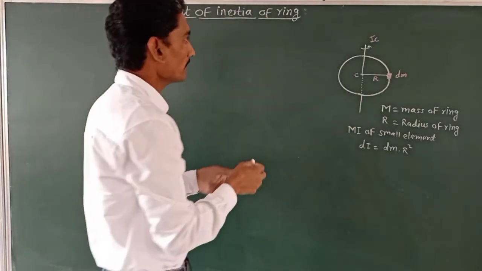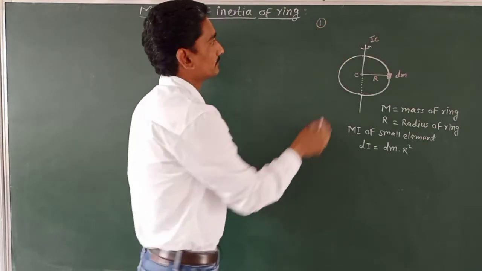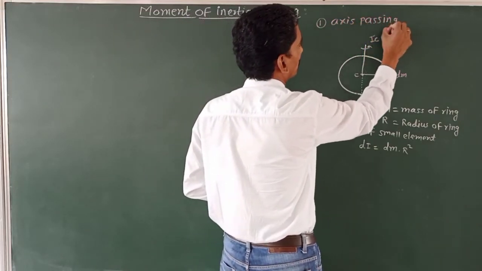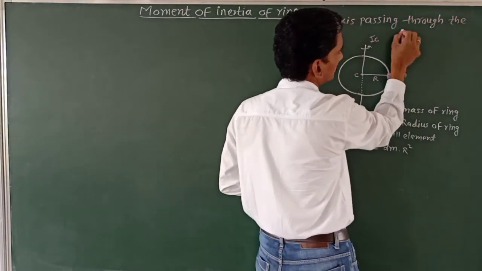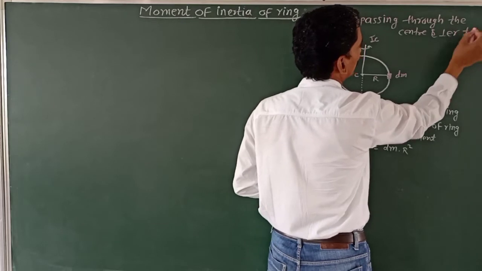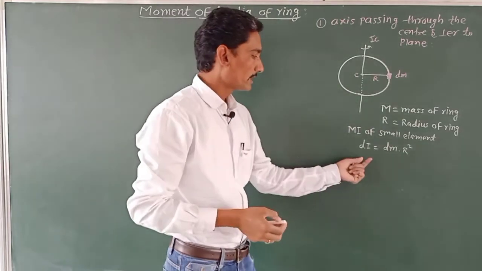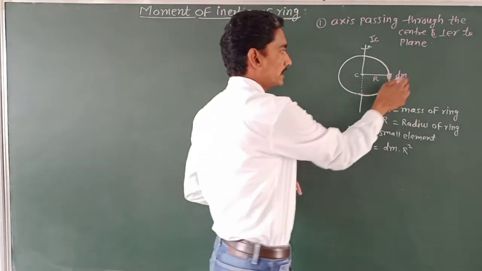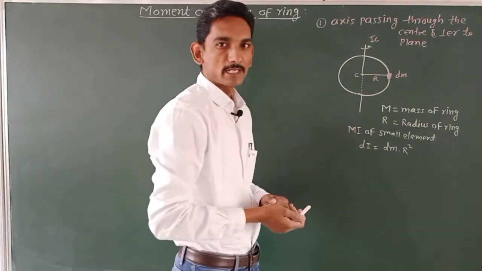So, the moment of inertia of the ring about the axis passing through the center and perpendicular to the plane: the moment of inertia of this very small element equals dm, the mass of that element, into r square, where r is the distance from the axis of rotation.